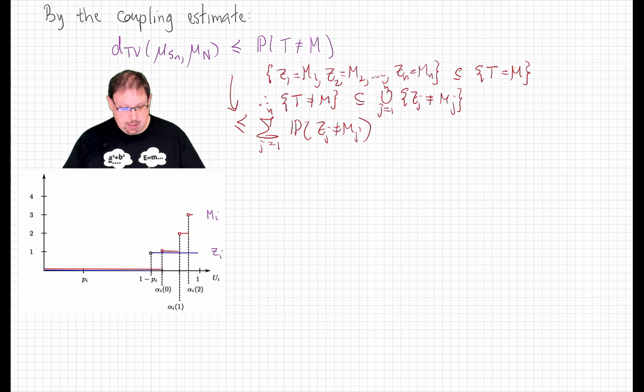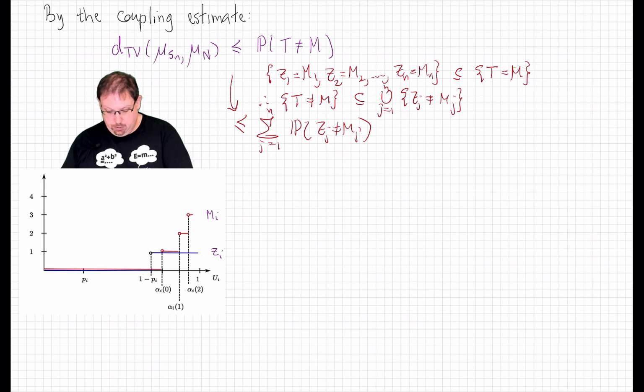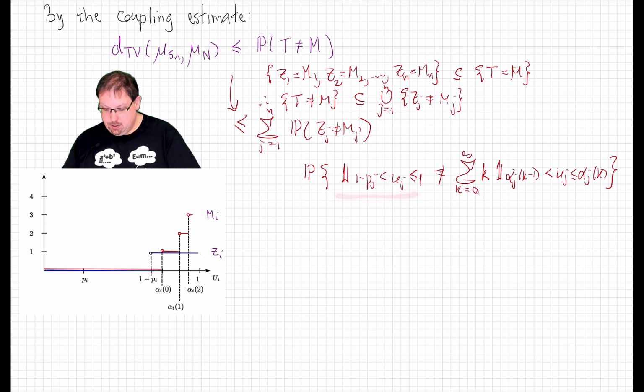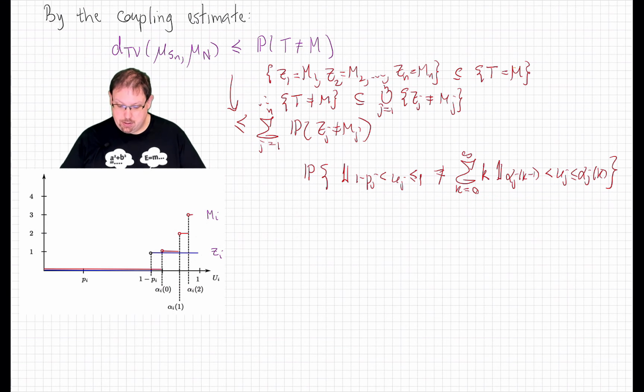Now, how can Z_j not equal M_j? We're looking at the probability of the event that this indicator is not equal to this sum of indicators, which is, of course, the event that we get one of the terms here with k bigger than or equal to 1, or in the case where k is equal to 0 or 1, this bound differs from this one, and the amount they differ, because this is a uniform random variable, is going to give us our probability.